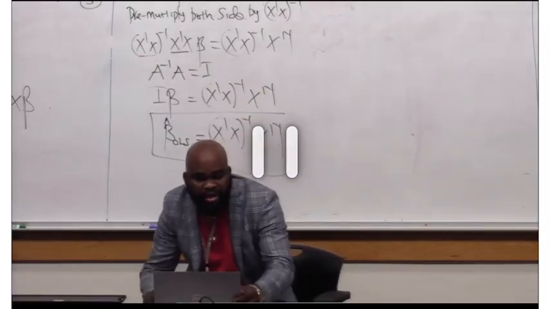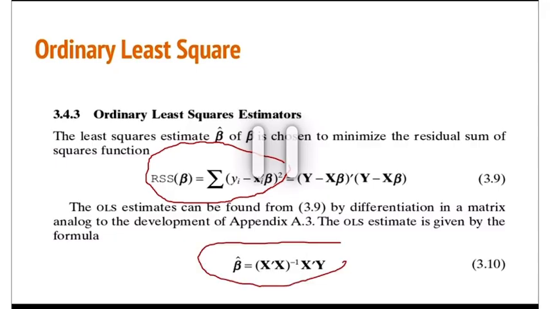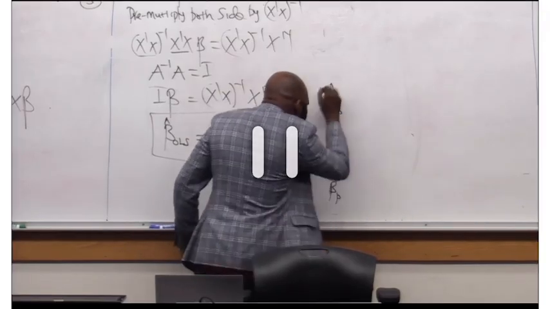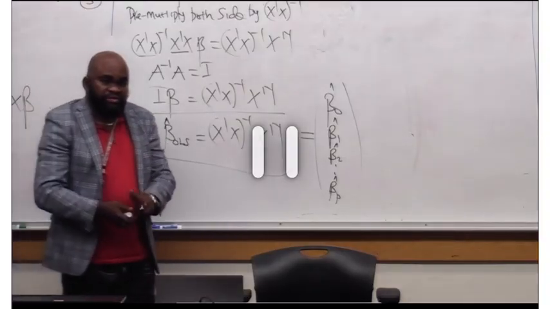I just showed you how to derive equation 3.10. When you have this equation, it's going to give you beta naught cap, beta 1 cap, beta 2 cap, all the way to beta p cap. That guy is in matrix form.